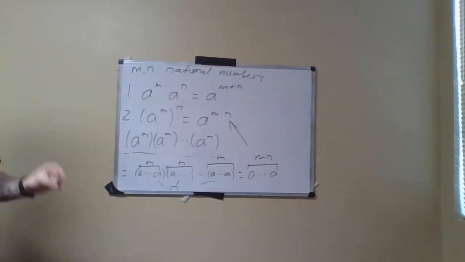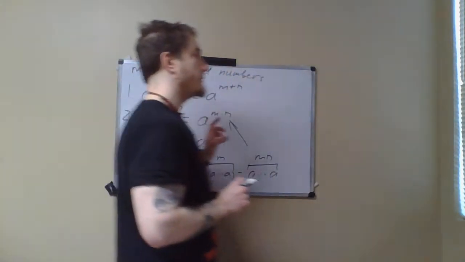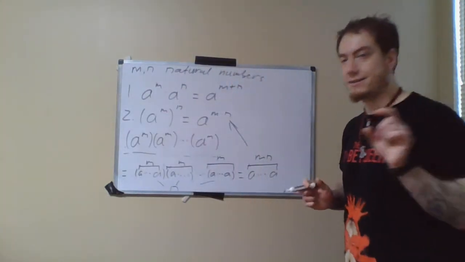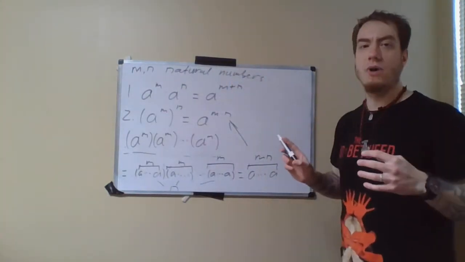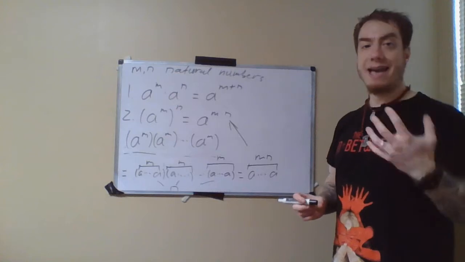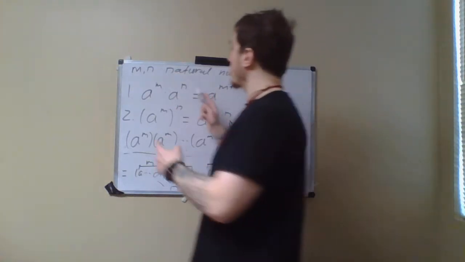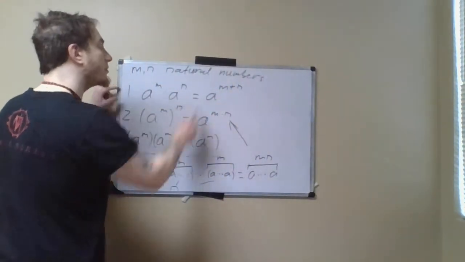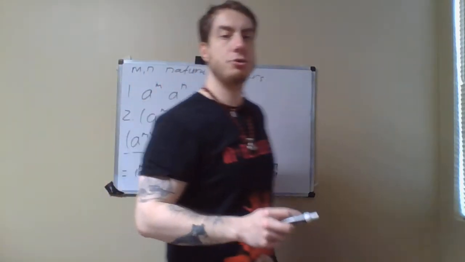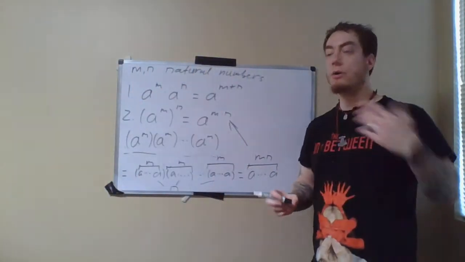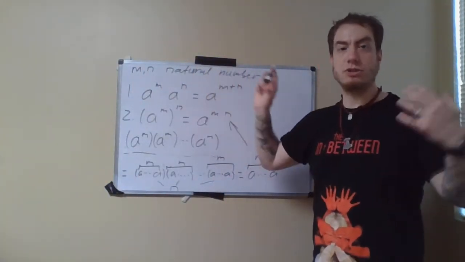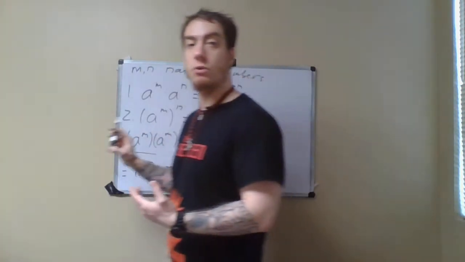The fact that we can do that is really useful, and it's something that we want to preserve whenever we talk about exponentials. So we're going to want these two properties to continue to hold true for other values of exponents when we start generalizing these things, okay?